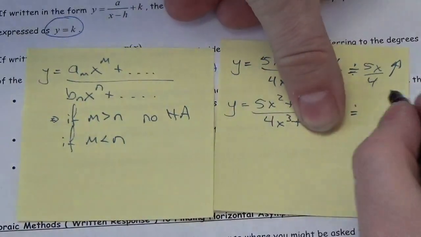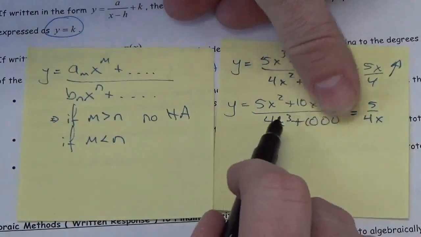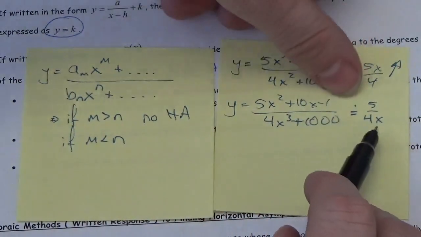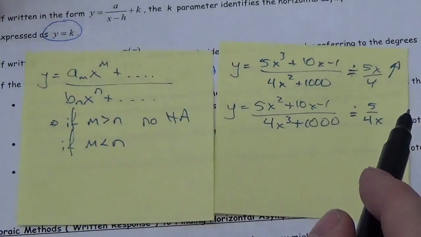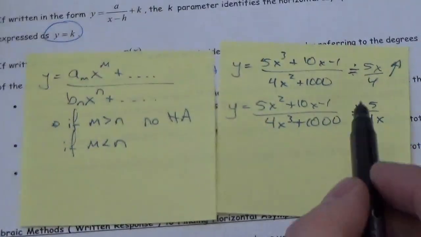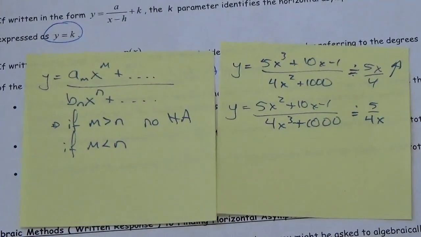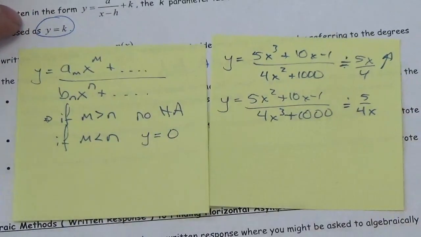I've got a larger degree in the denominator, which means the denominator grows faster than the numerator. If the denominator gets bigger and bigger, the whole thing gets closer and closer to 0. So we get a horizontal asymptote at y equals 0.